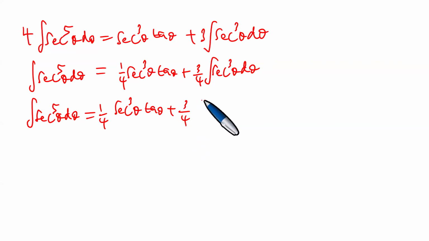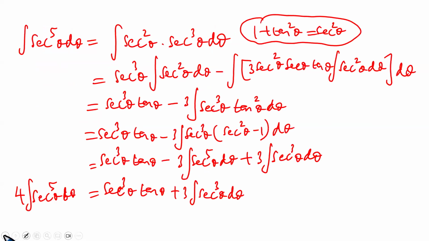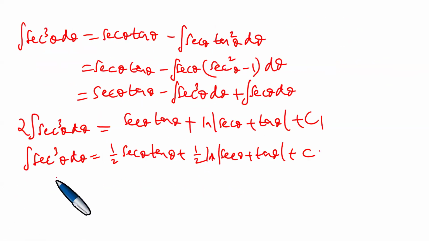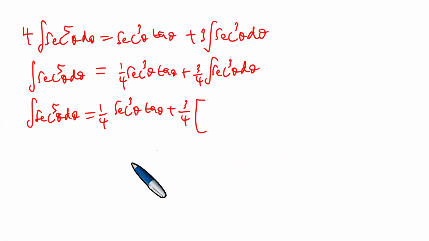Okay, then what is the integral of the secant cubed? We have already got the integral of the secant cubed. Right, the integral of the secant cubed is 1/2 of the secant tangent, and 1/2 the natural log. Right, so we use that here.